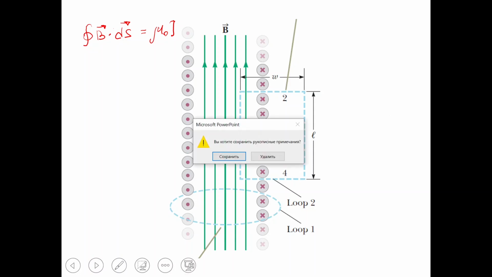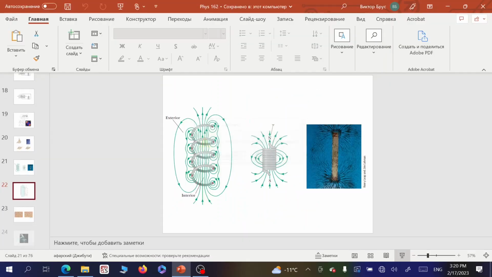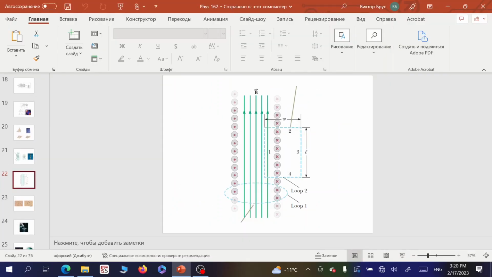Let us come back to our writing board, and we will write down what we explained.